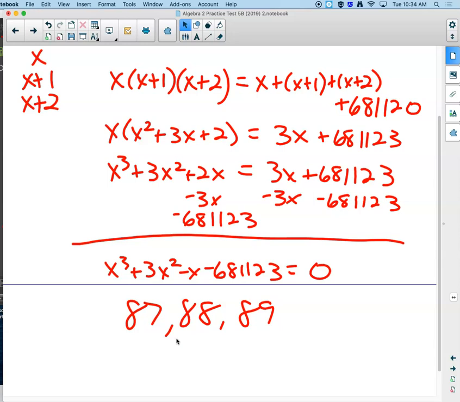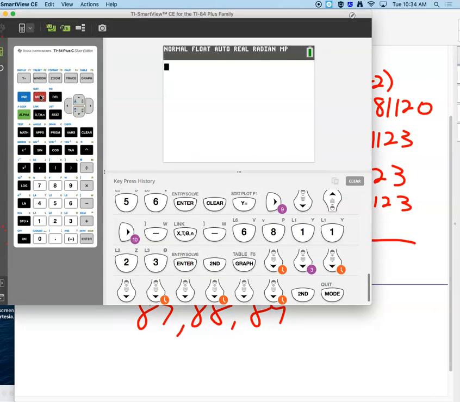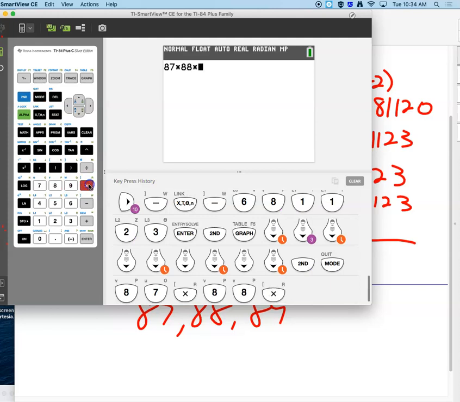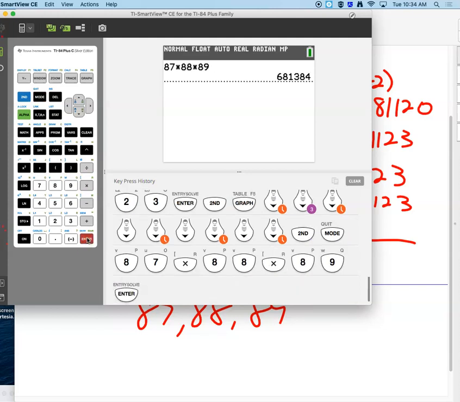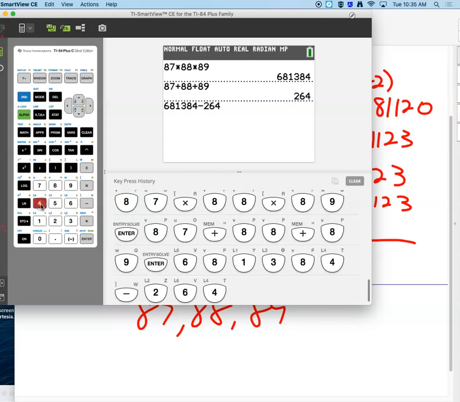So, let's go check. 87 times 88 times 89 gives me that. 87 plus 88 plus 89 gives me that. 681,384 minus 264. Ta-da! Got it. There it is.